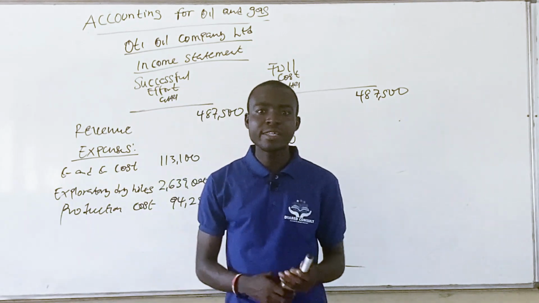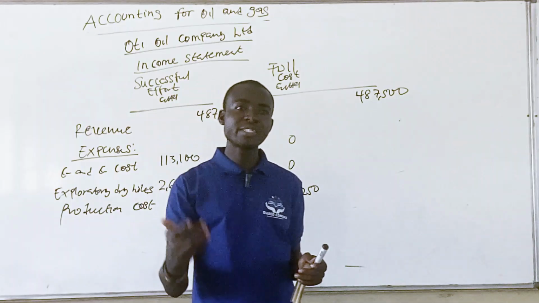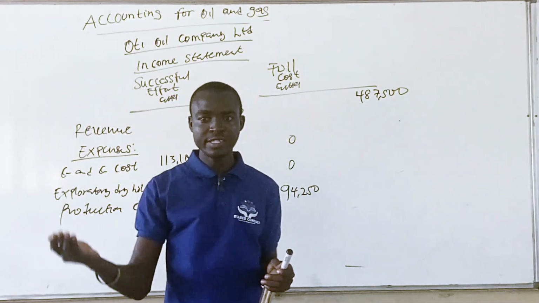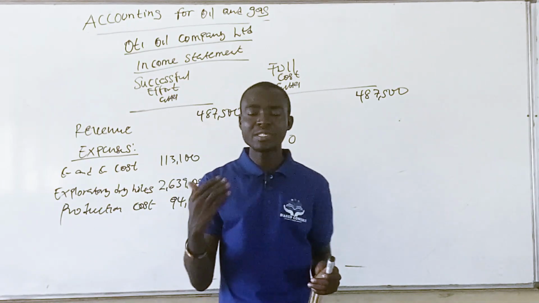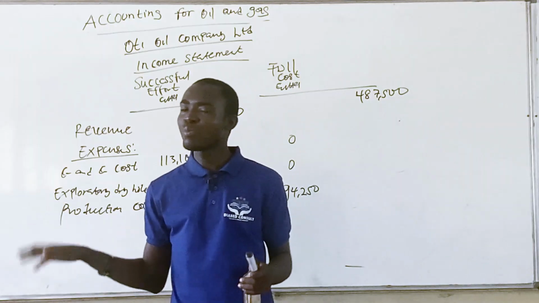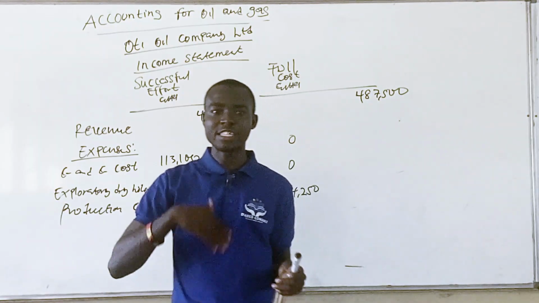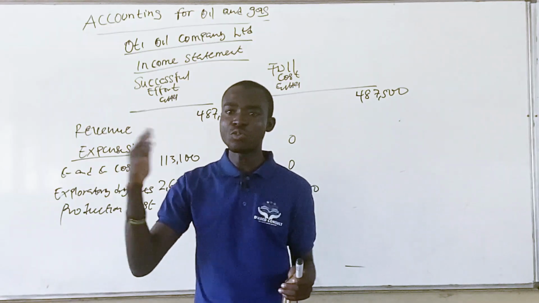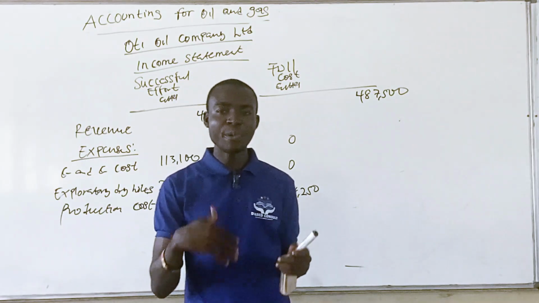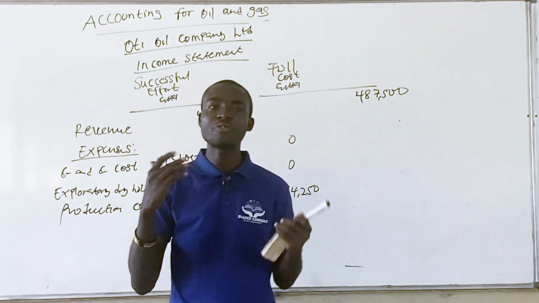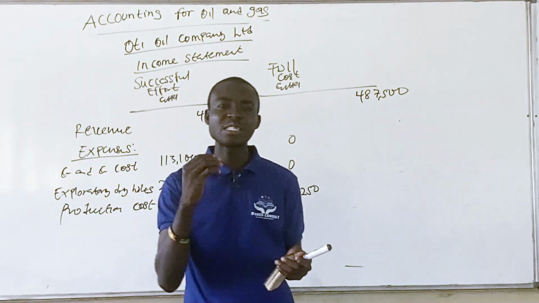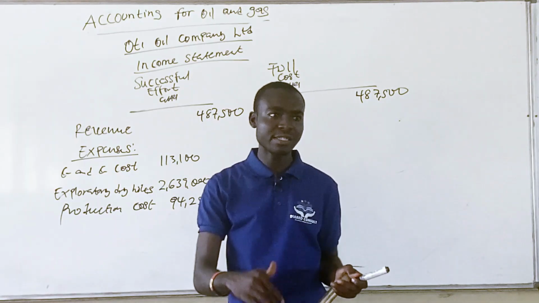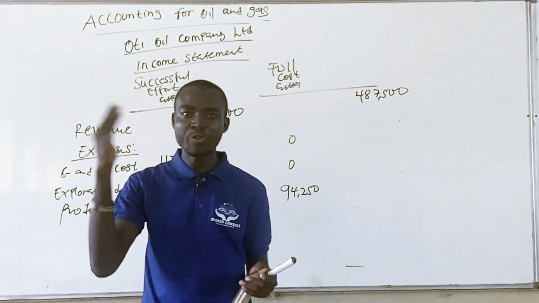The next is depreciation, depletion and amortization. Under both methods, it is treated as an expense. It is similar to the depreciation that we already know. When we prepare our usual profit and loss accounts, depreciation forms part of the expenses, which is written off against our revenue.